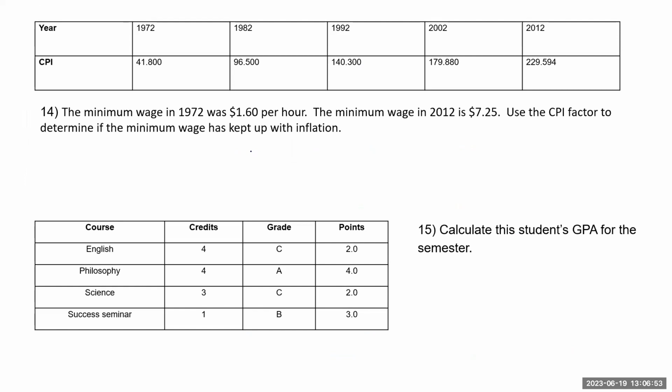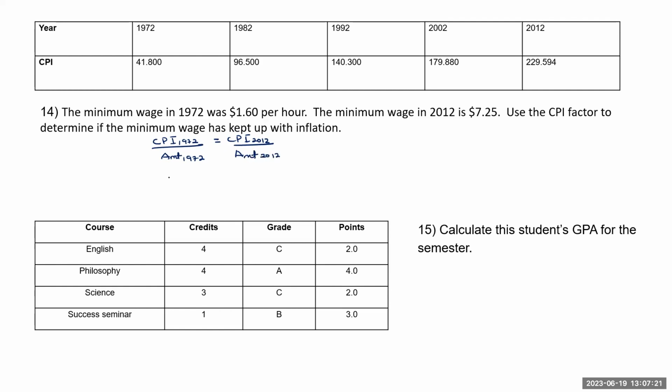We are given the CPI table to determine if minimum wage has kept up with inflation. And so, again, setting up equal proportions, we can take the CPI value for 1972 divided by the amount in 1972 and set that to be proportional to the CPI value in 2012 divided by the amount in 2012.